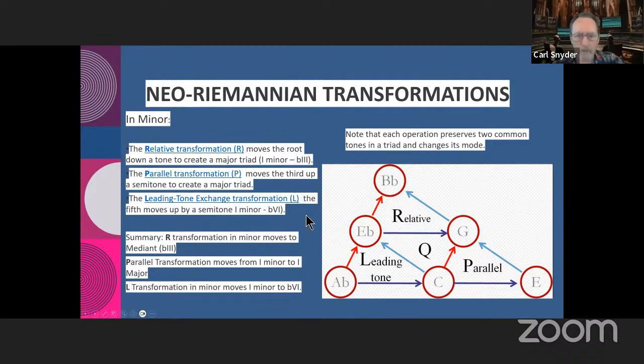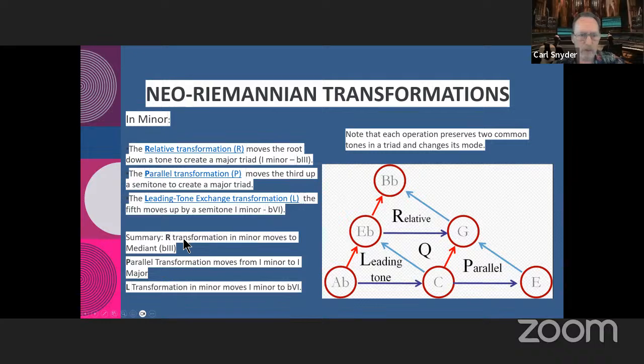And I'm trying to be consistent with the way we talk about the chords. So when I put 1 minus, it means minor. If it's capital 3, it means major. Then leading tone exchange transformation from the fifth moves up by a semitone. So 1 minor becomes flat 6, which is a major chord.